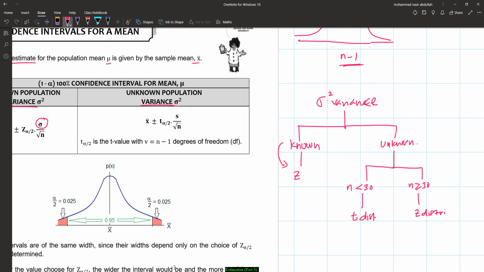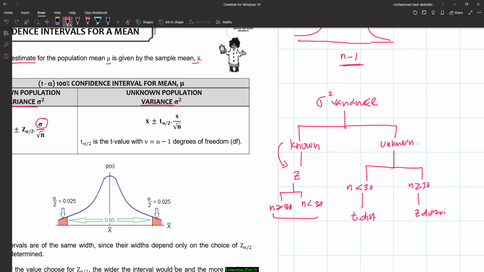It doesn't matter whether the sample size is n more than or equal to 30 or n less than 30. If you know the population variance, then we can use the z distribution for both cases.